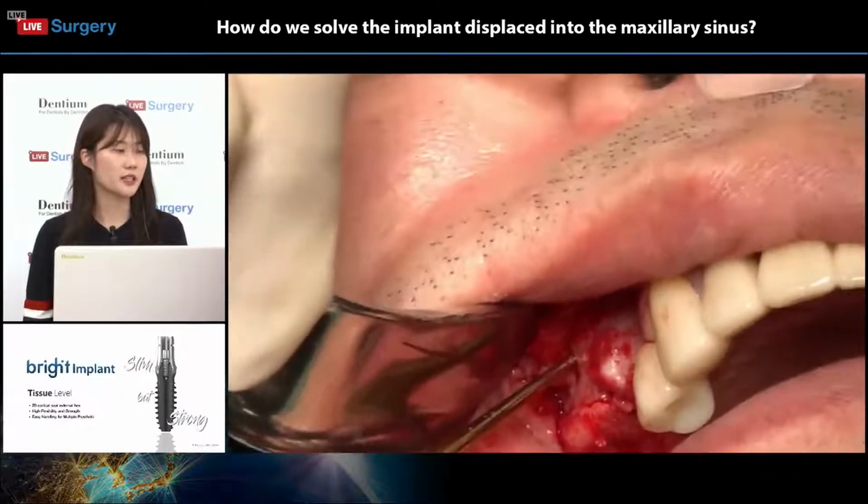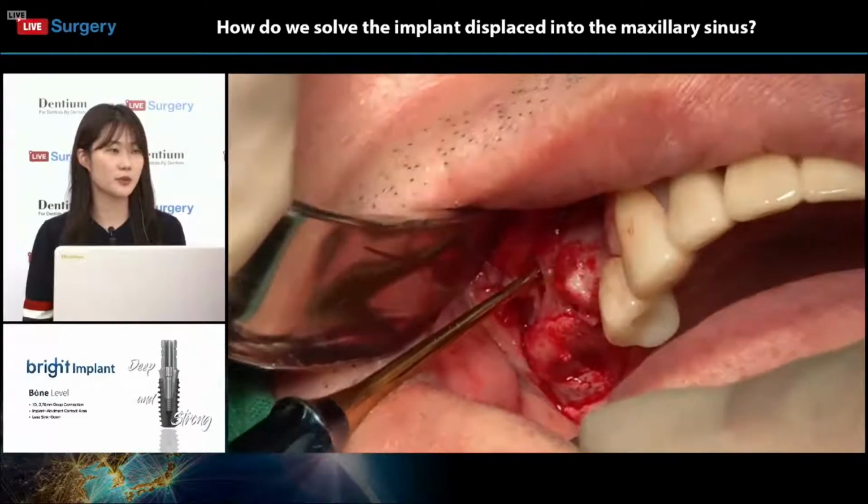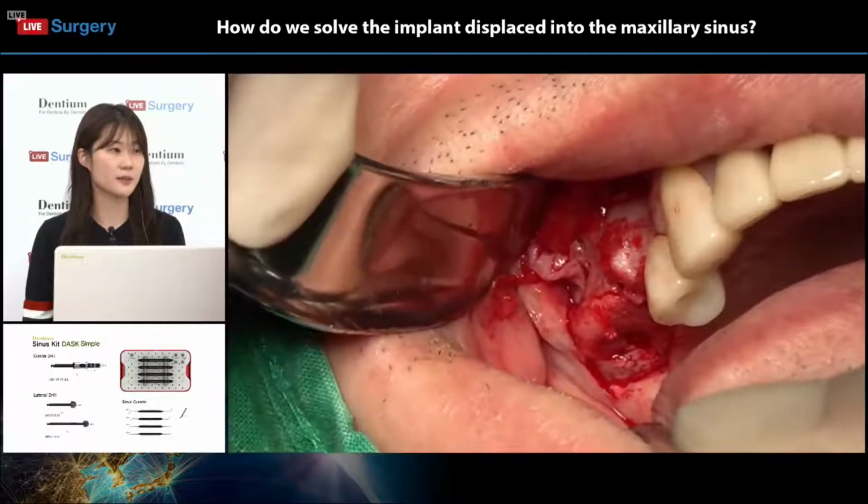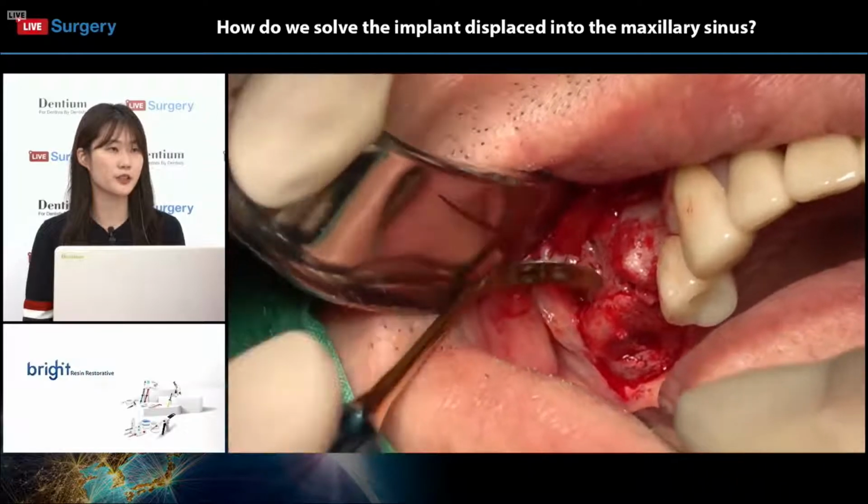Membrane detachment and elevation is also not an easy process in this case, because the scar tissue has been formed from the prior surgery.